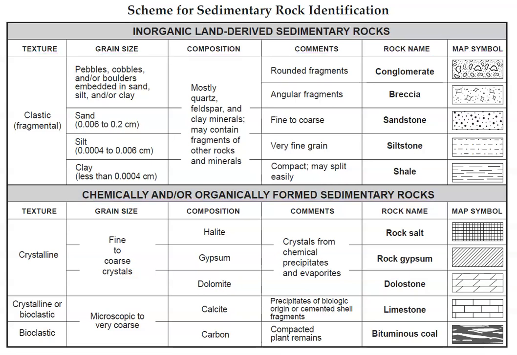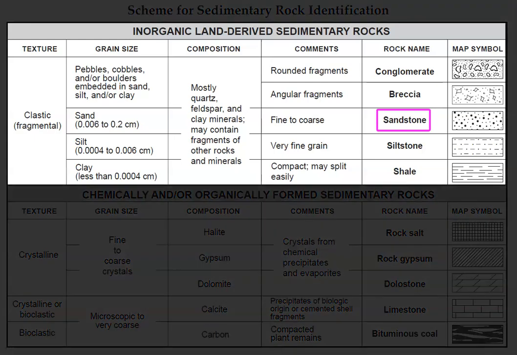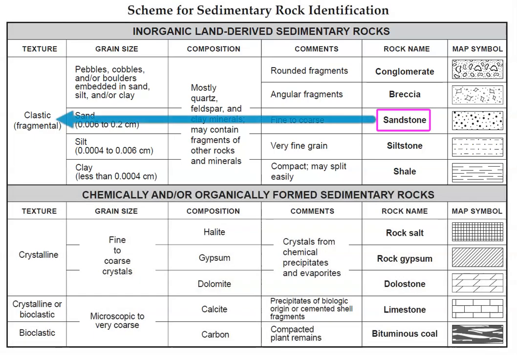So you might be wondering, how do we read information off this chart? Let's take an example. Let's imagine we want to look at the rock sandstone, and we want to know all about sandstone. First thing we can surmise, it's in this upper box, so it's an inorganic or land-derived sedimentary rock. Its texture is clastic. That means that it's made out of pieces of other material.